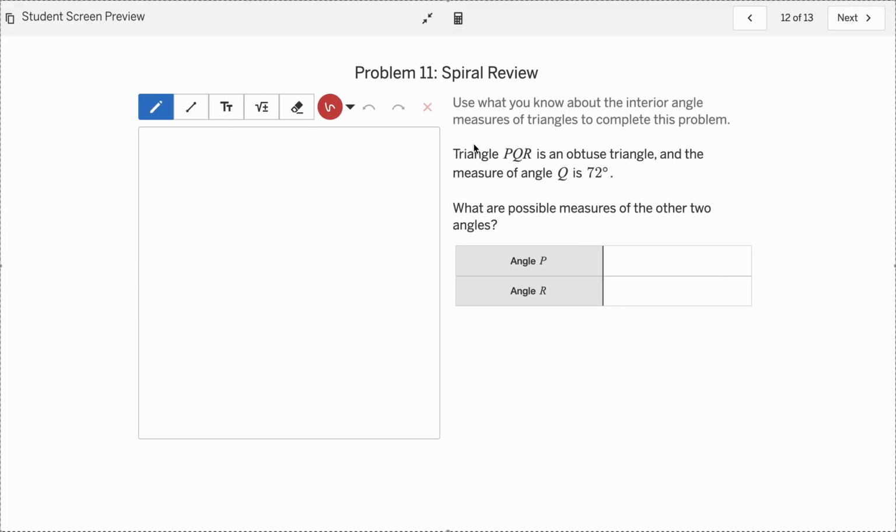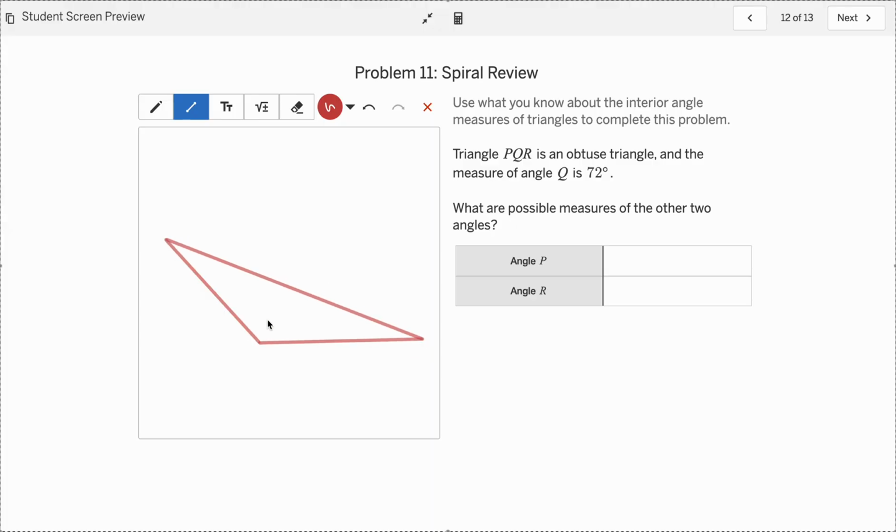Okay, triangle PQR is an obtuse triangle, and the measure of angle Q is 72 degrees. What are possible measures of the other two angles? Well, if I know that it's an obtuse triangle, that means that this angle right here is going to be more than 90 degrees because that's an obtuse angle.